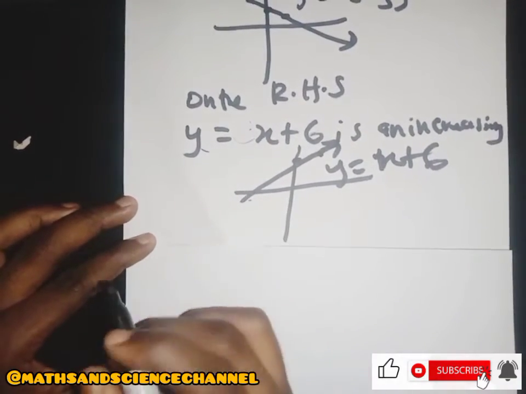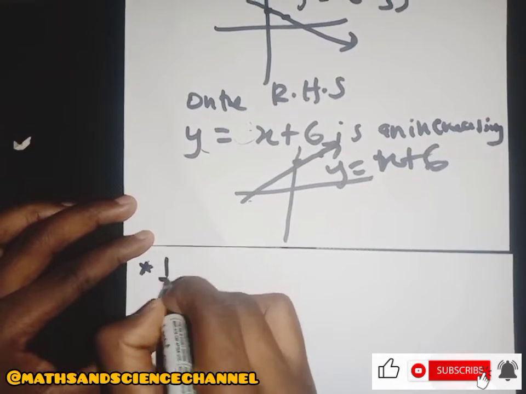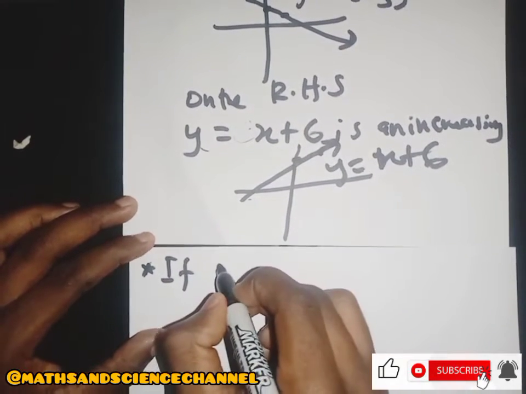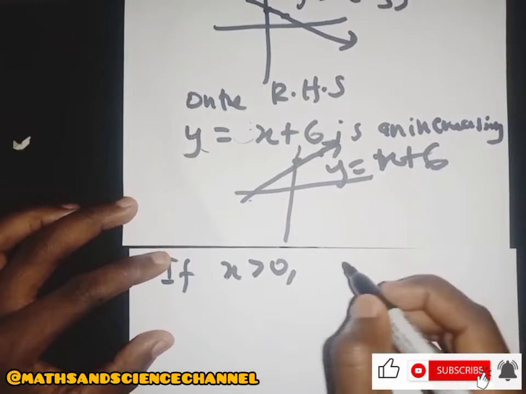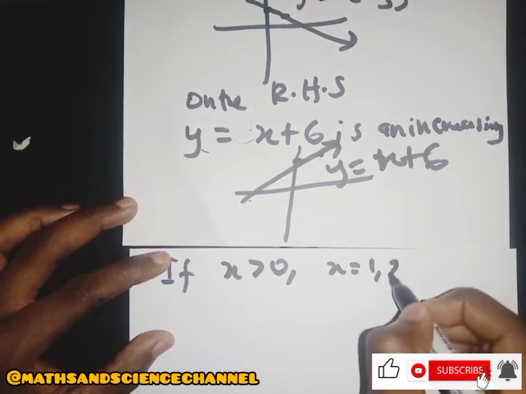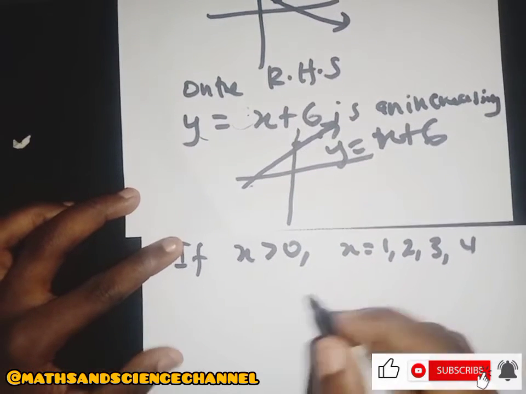So using an analytical approach over here, we can consider the first condition. If x is greater than 0, which means x will have values like 1, 2, 3, 4, and the rest.